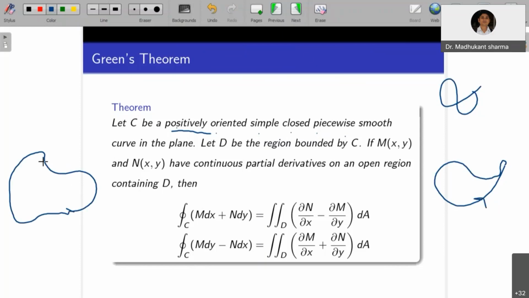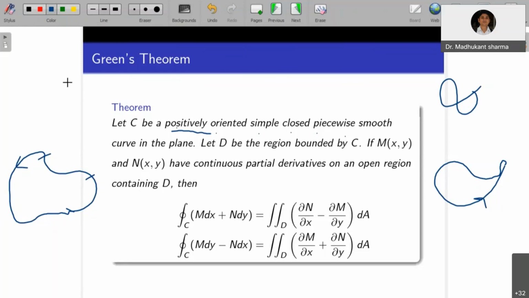Now piecewise smooth means it is not necessary that the entire curve is smooth. I hope you can understand by the meaning of piecewise continuity: there are only finitely many points where you don't have smoothness.